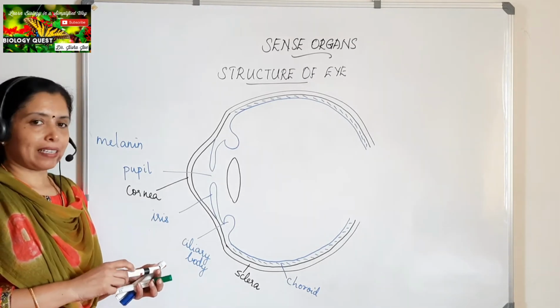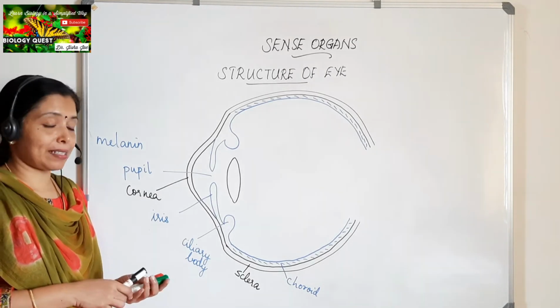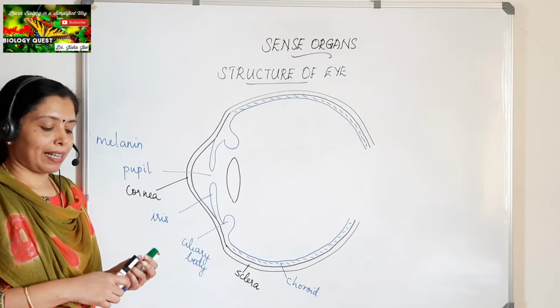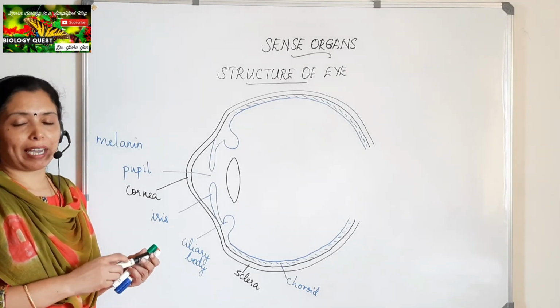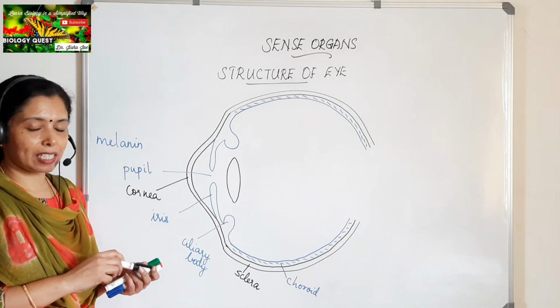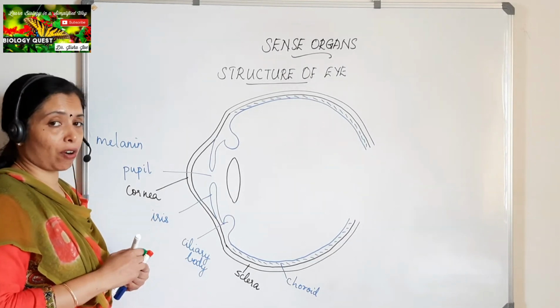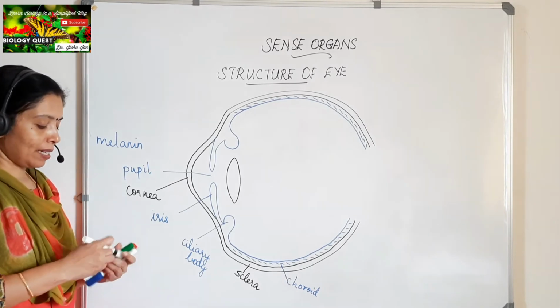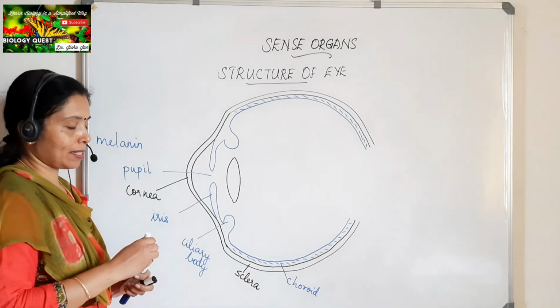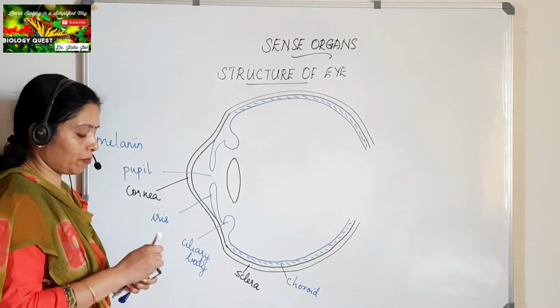They are called fibers. The lens is actually formed of thin cells called lens fibers. The lens is transparent and has a biconvex shape, and the lens is attached to the ciliary body by means of fibers.